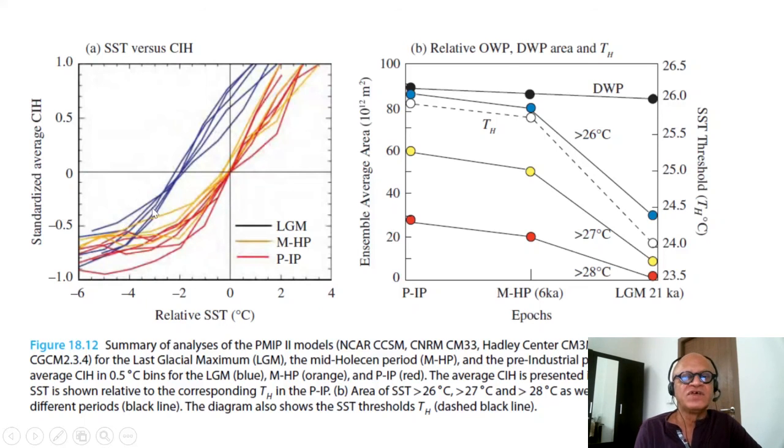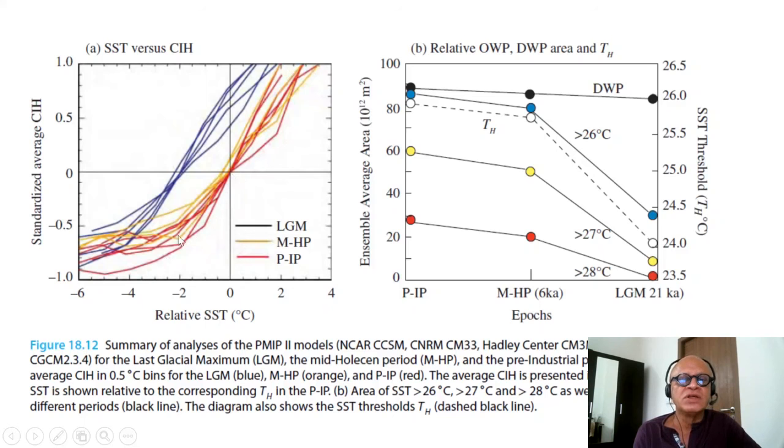So the idea of the convective threshold decreasing doesn't change the relation between the oceanic warm pool and the dynamic warm pool, and that's the same in the mid-Holocene period, and this is from the pre-industrial period.